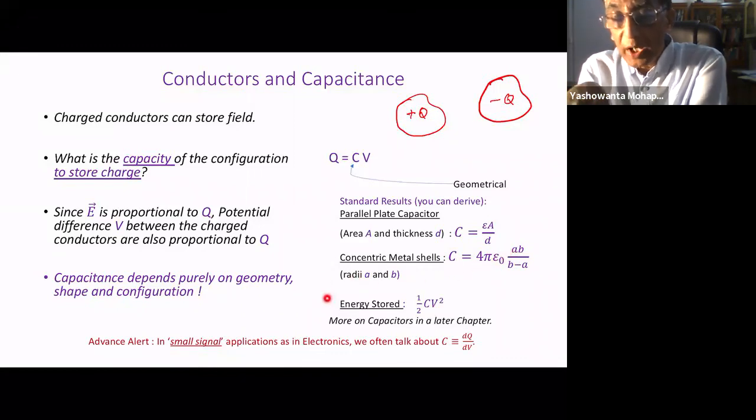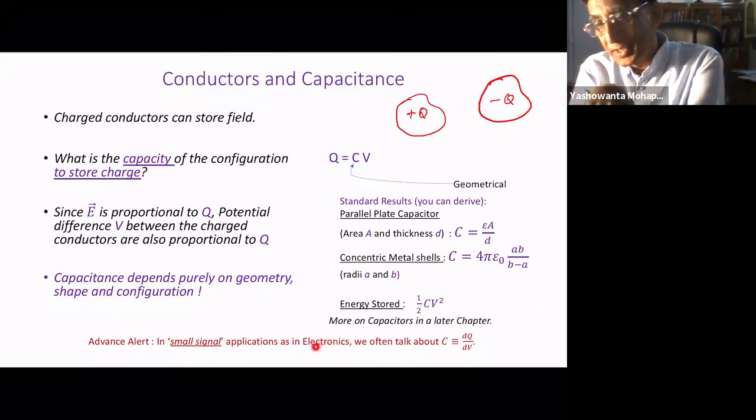I think in high school you have derived this, so I will not derive it, but we'll have more to say about it in a later chapter. We'll have a lot more on capacitors later. But let me give an advance alert. Though this is C, which looks like Q by V, in electronics, in all your computers and things like that, we often talk about small signal capacitance.